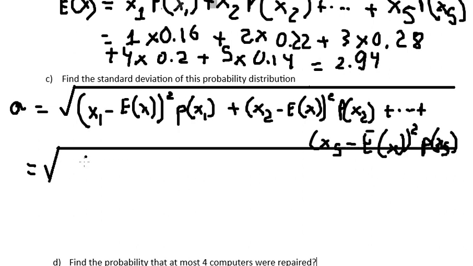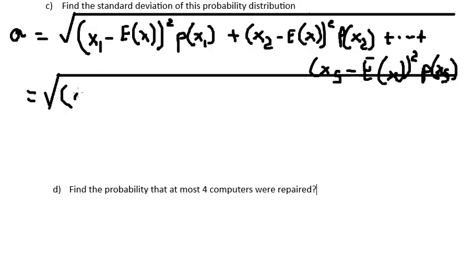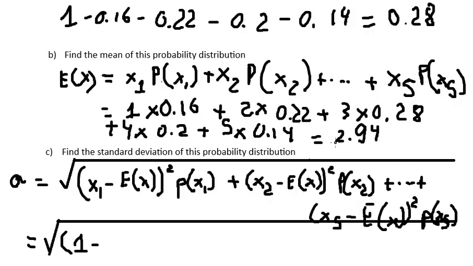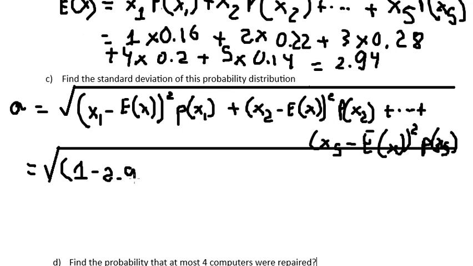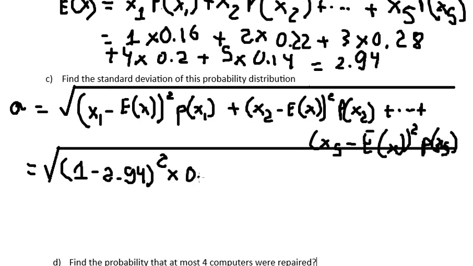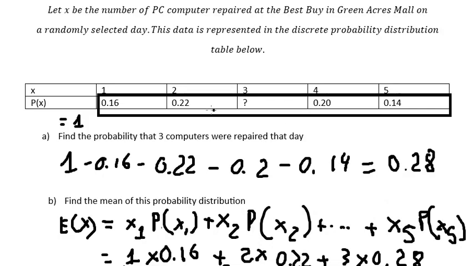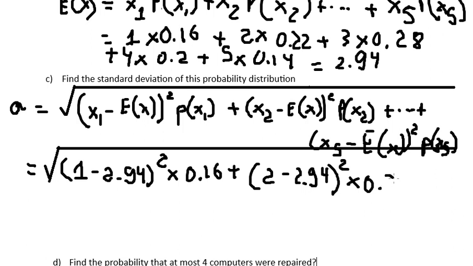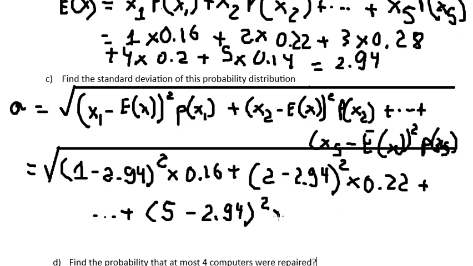We have S1, that is number 1, minus 2.94 to the power of 2 multiplied by 0.16, and then we have number 2 minus 2.94 to the power of 2 multiplied by 0.22, and we repeat again until number 5 minus 2.94 to the power of 2 multiplied by 0.14.